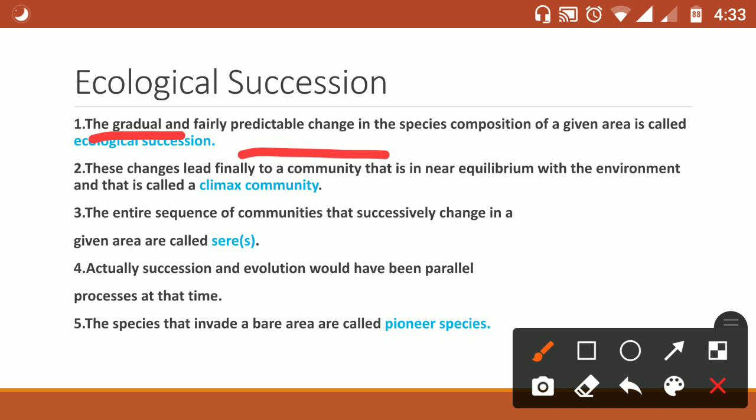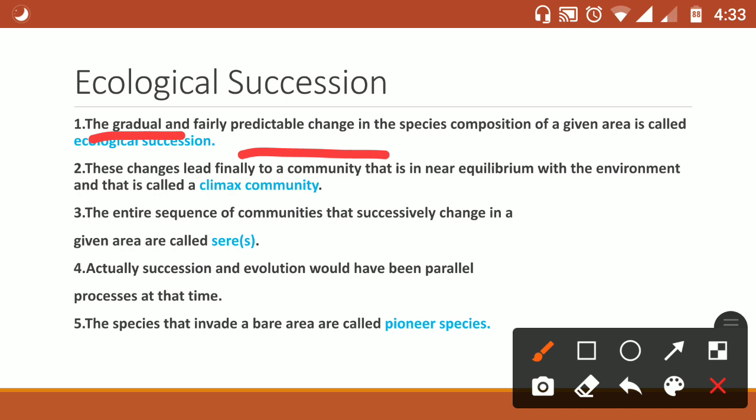Second thing is climax community. Whatever the last product will be, it will be called climax community. Suppose there is an empty land, nothing is there, no plant, no trees, no animal. And after some time, maybe years later, there will be a whole new forest. That forest will be considered as climax community.